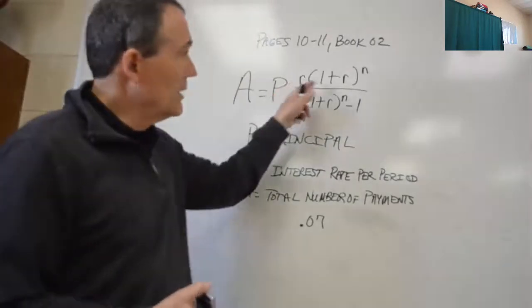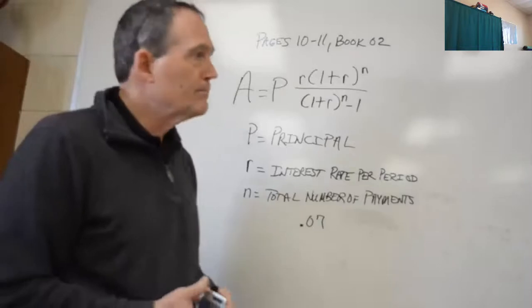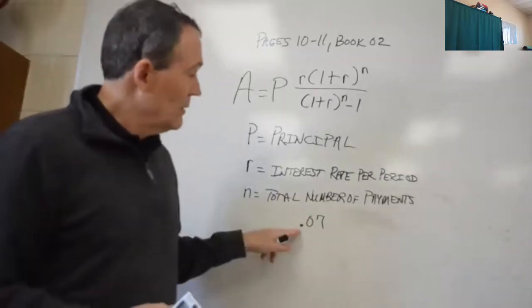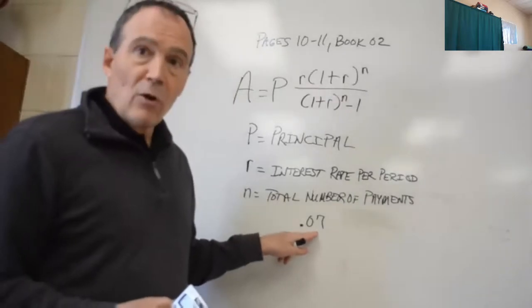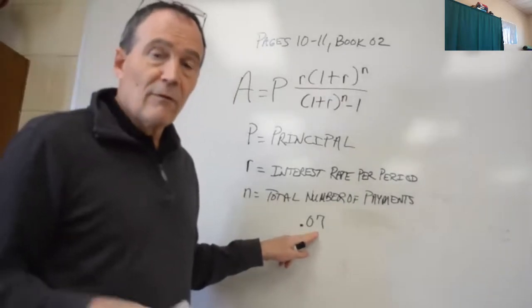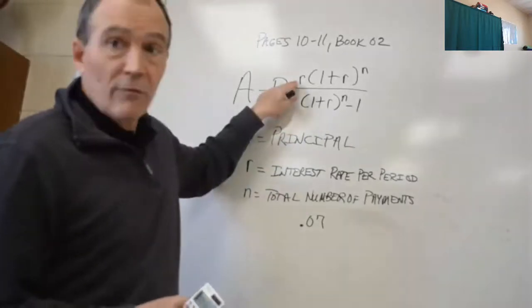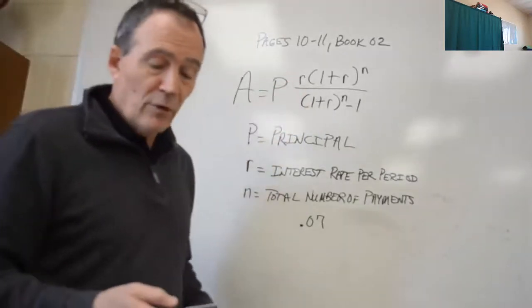So once you start plugging numbers into the formula, if the rate of borrowing was 7% annually, you have to divide that by 12. Instead of 0.07 here, you're going to be putting in 0.0058.